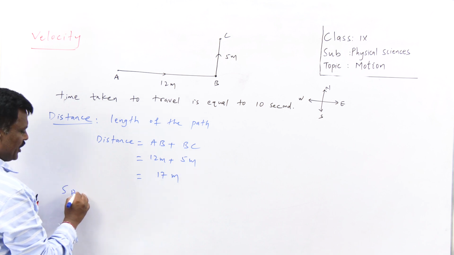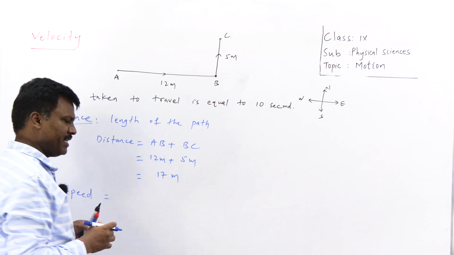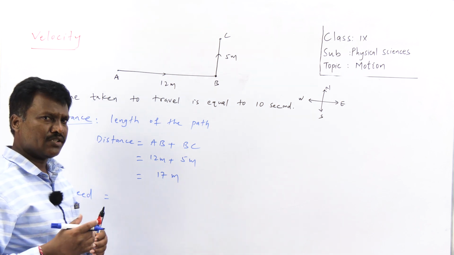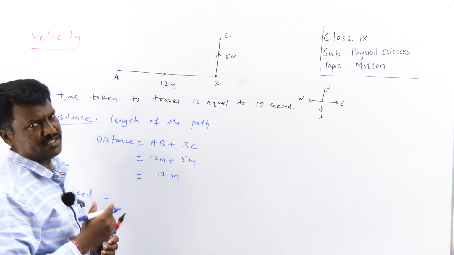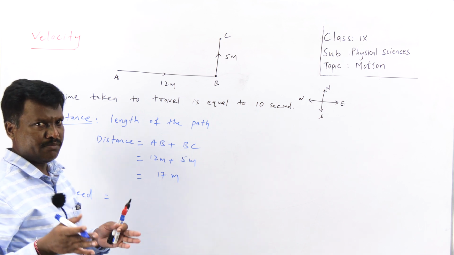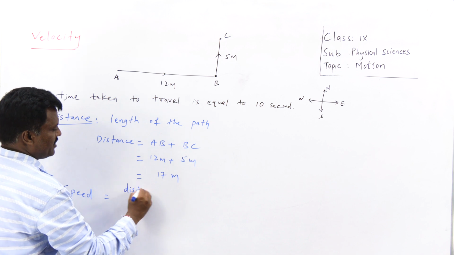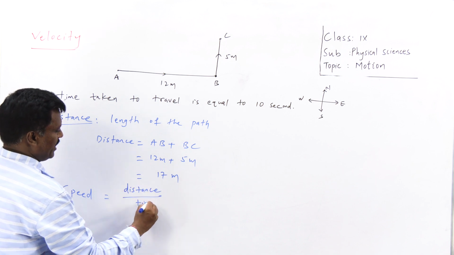Now I am asking you to calculate the speed. Speed definition: the rate at which an object covers a distance, meaning the distance covered by that object divided by the time taken. So speed is equal to distance by time.